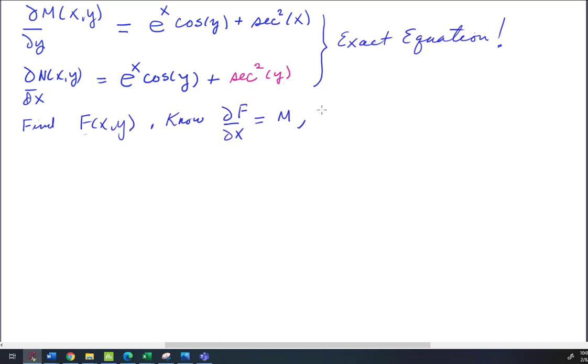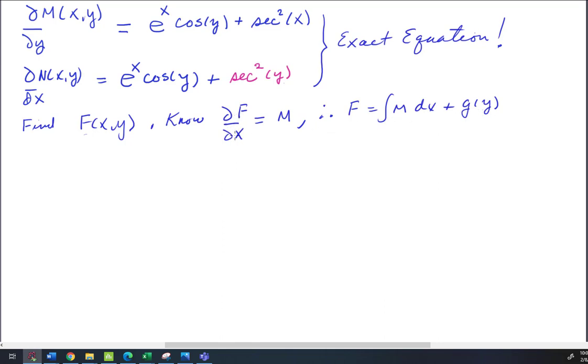I'm really abbreviating here. Therefore, f is equal to the integral of M dx plus some function of y alone. This is almost like a constant of integration, but where do we get it?